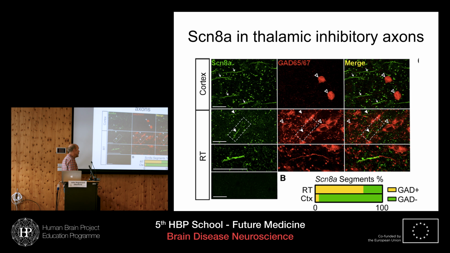Okay, so that leads to the question: would inactivation of 8A in the thalamus, if we just reduced the expression of this protein in the thalamus, be sufficient to produce epilepsy? And so they used a molecular genetic approach called knockdown.